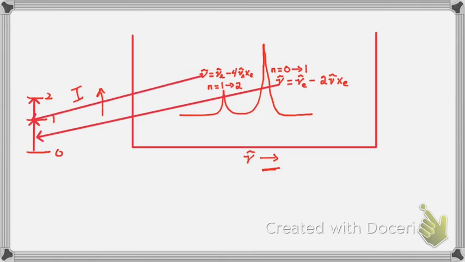And again, the 1 to 2 is less than the 0 to 1. And of course, the 2 to 3 is less than the 1 to 2. So it just keeps getting smaller and smaller as we go up the ladder.